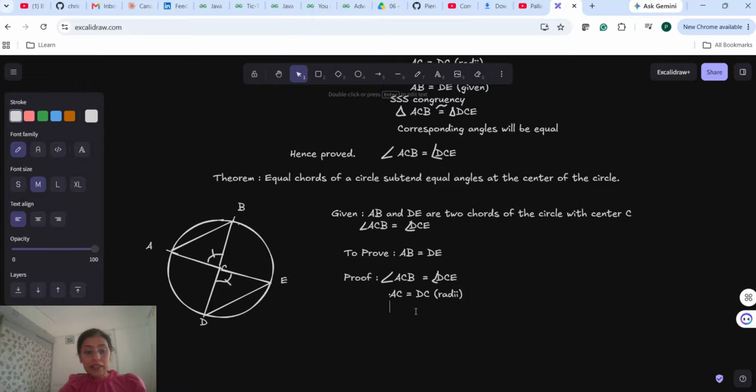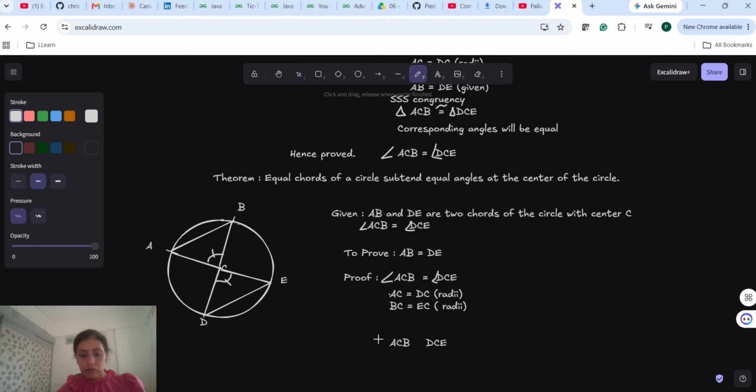What is the other thing that I know? BC is equal to EC, which is again radii of the same circle. So what can I deduce from these three things? Let me look at these two triangles. I look at triangle ACB and I look at triangle DCE. These are not angles, these are two triangles that I am looking at.